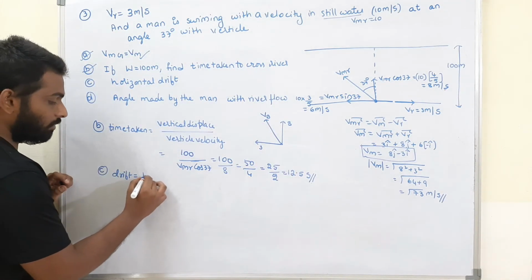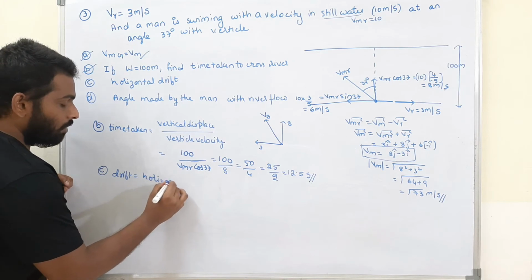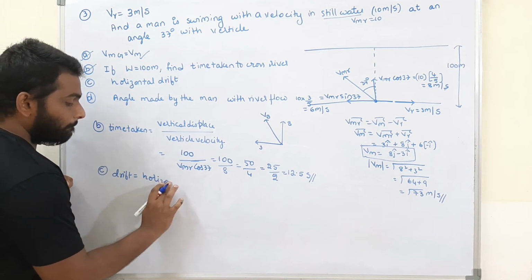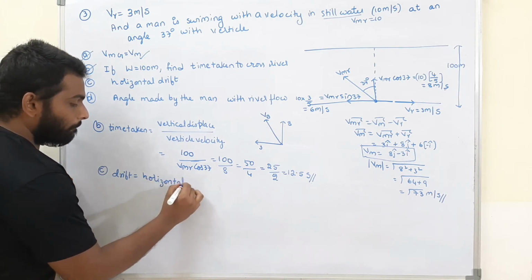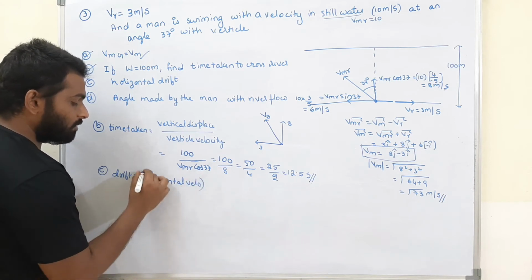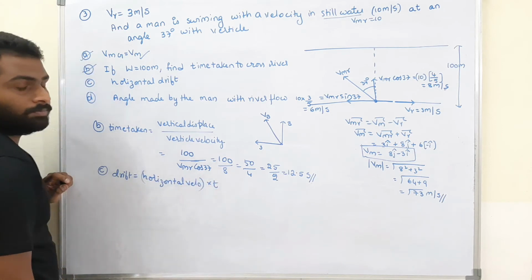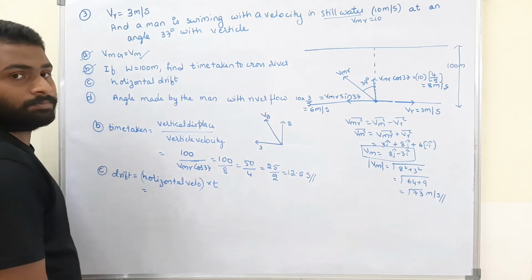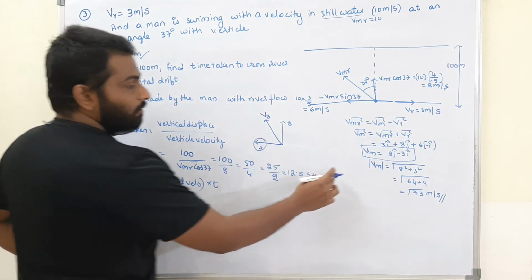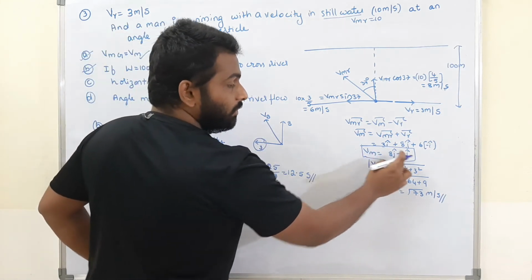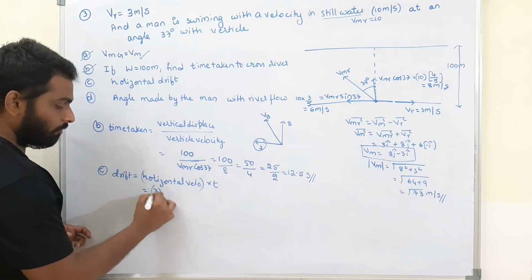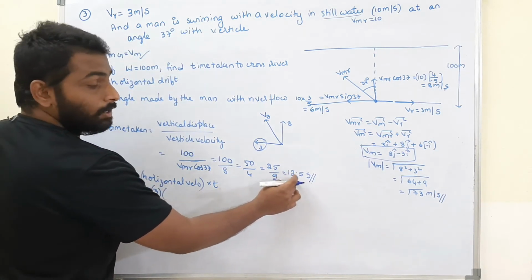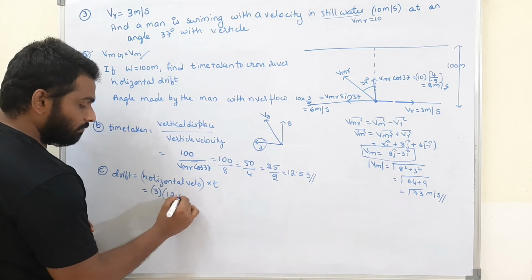Drift is nothing but horizontal velocity into time. The horizontal velocity of the man is 3. Now what is the time taken? 12.5 seconds.